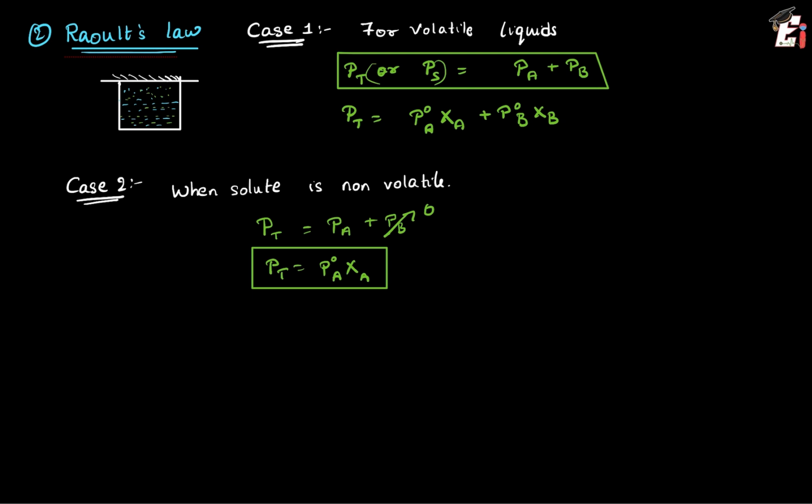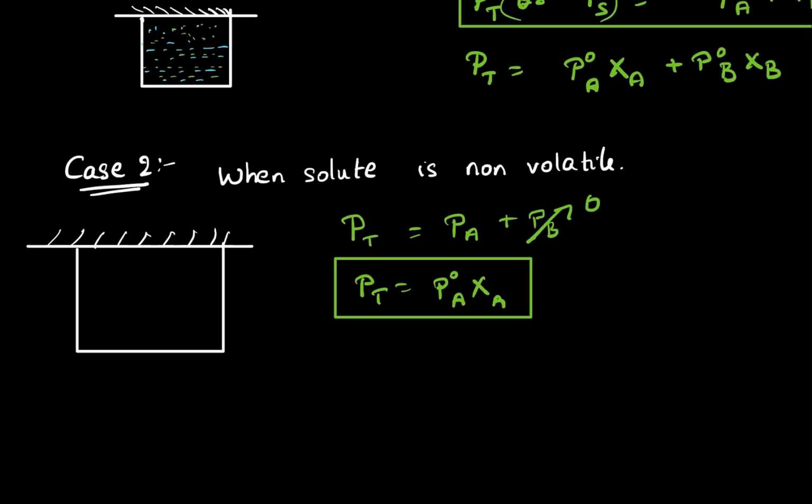Here if I want to represent the second case in the form of a diagram, I can represent it like this. Our container is closed again. This container contains a liquid A, solution A liquid, and the solute is non-volatile.